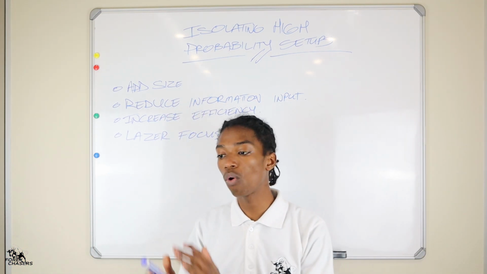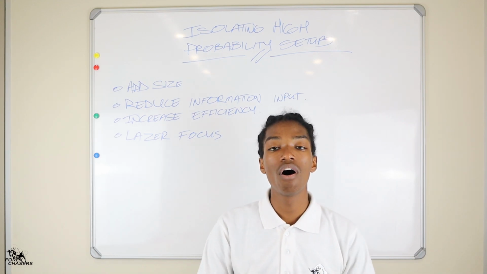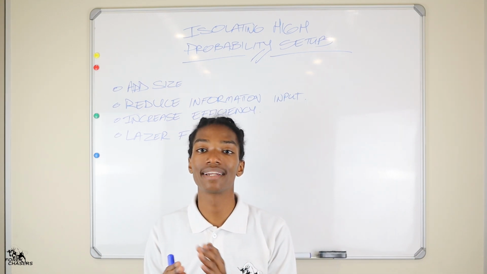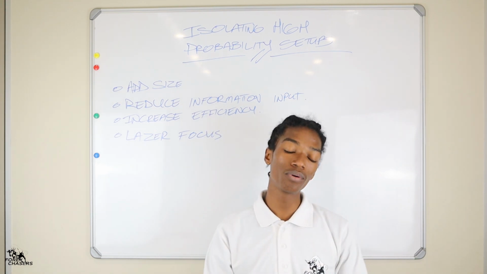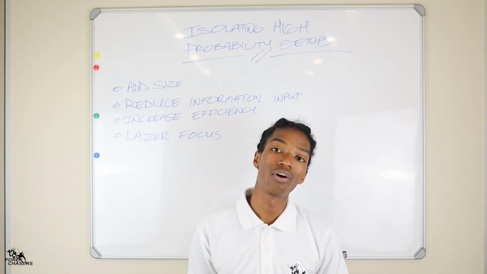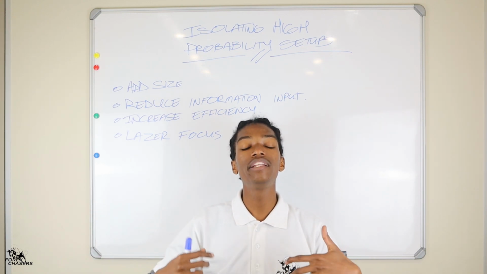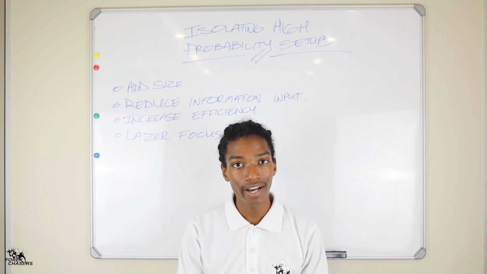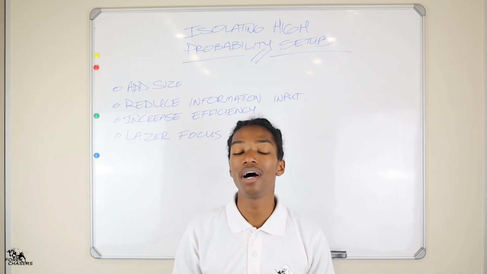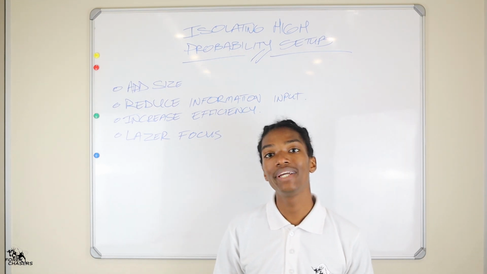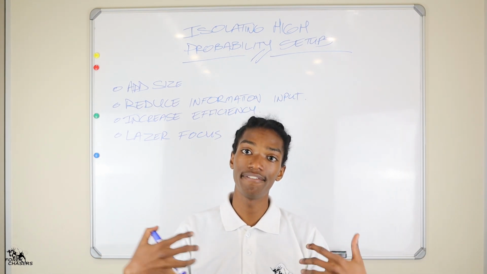So instead of looking at all of the setups that we are seeing on our different charts, we reduce and cut things out and only focus on the setups that are going to give us the best probability. So we're reducing the amount of information that we need to deal with as traders, simplifying the process, making our job a lot easier.